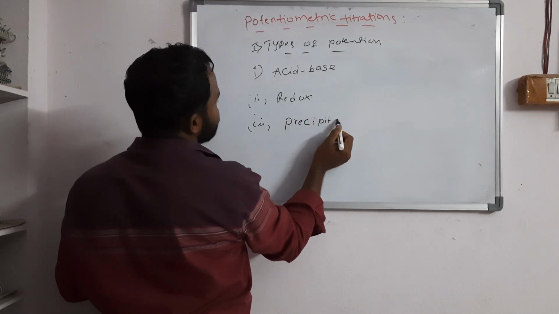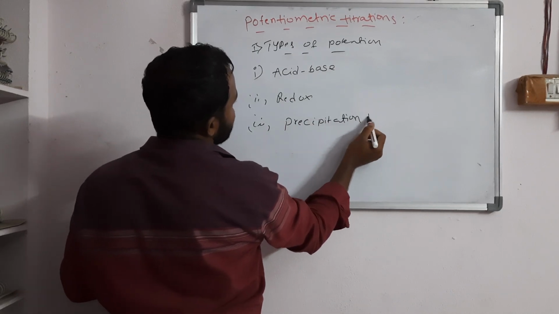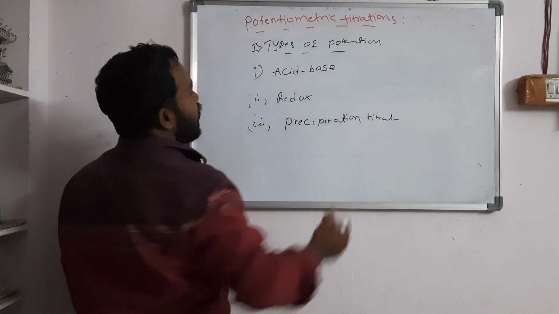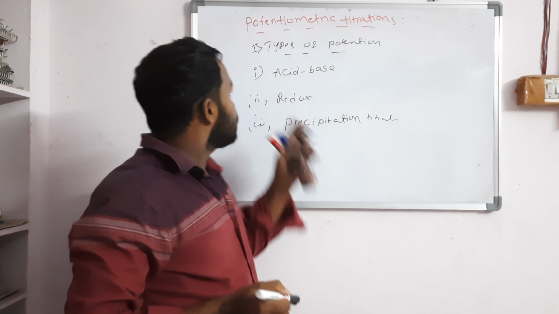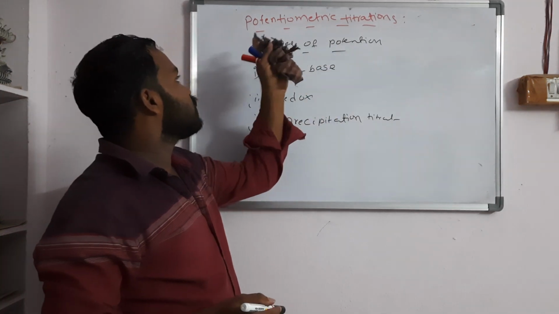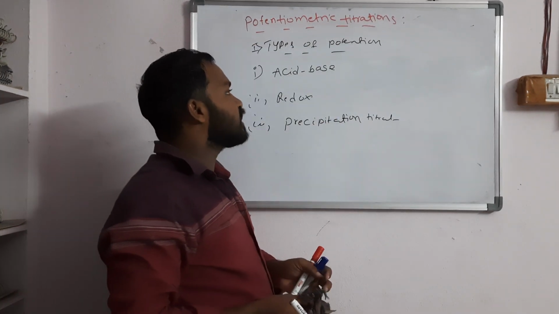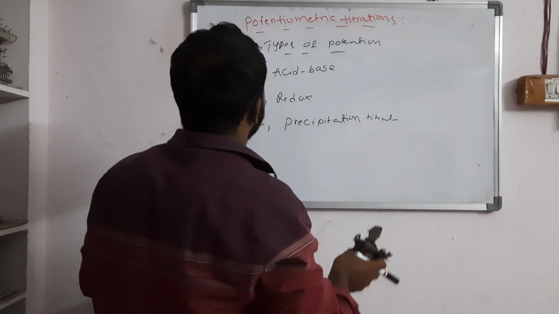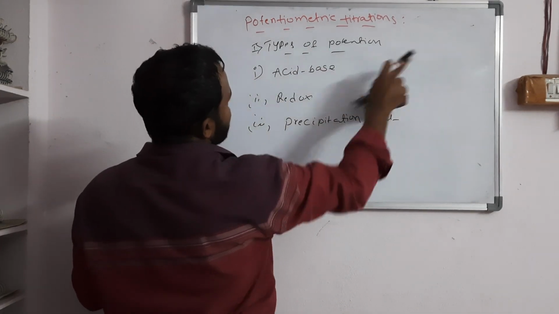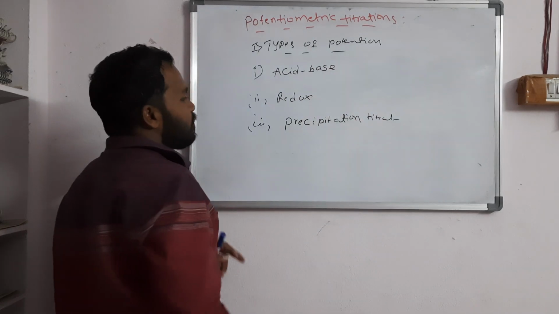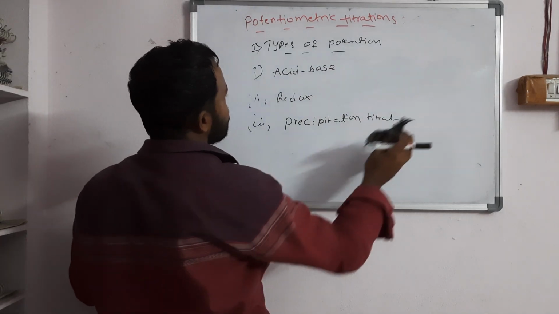In the exam they will ask for 4 marks, so you should write the potentiometric titrations: we calculate the electrode potential by the addition of the titrant. The types are acid-base, redox, and precipitation titrations. We will discuss each one by one.